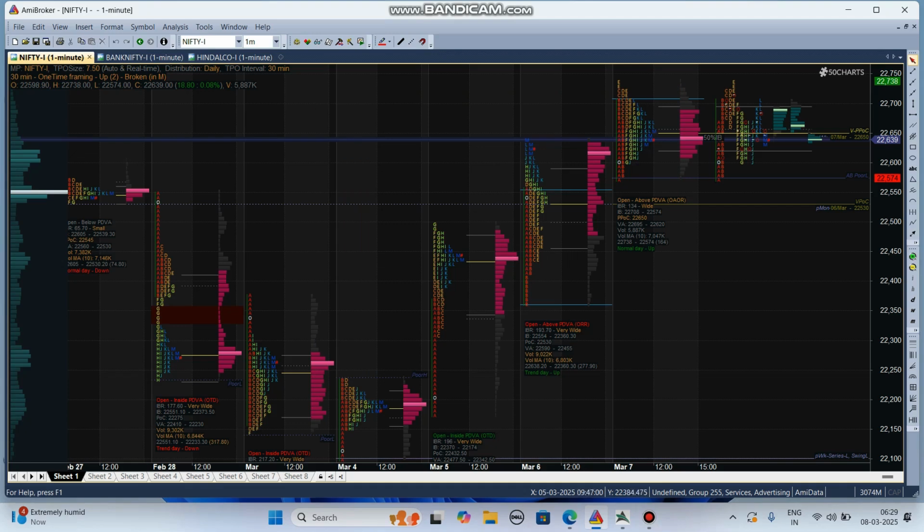So check now. For any stock, first you have to check the trend, whether it's upside or downside. If the trend is downside, the sellers should always take entry on the everyday profile.